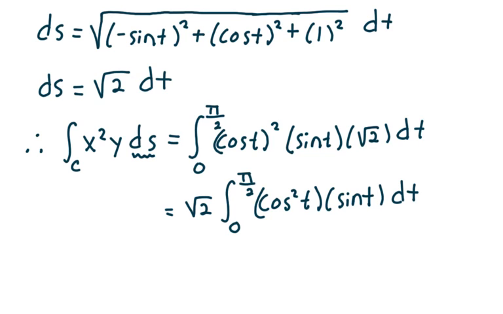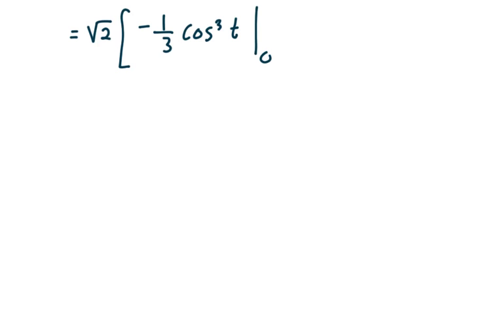And if you guys are comfortable doing this without a u substitution, what you should come up with is the following. It'll be square root of 2 times negative 1/3 cosine cubed t evaluated from 0 to pi over 2. If I plug pi over 2 in for t, remember that cosine of pi over 2 is equal to 0.